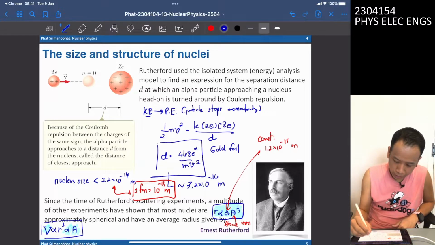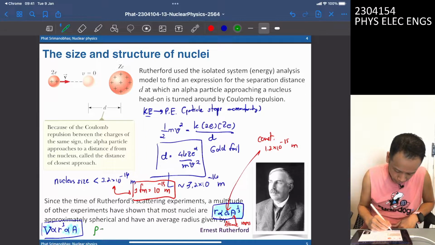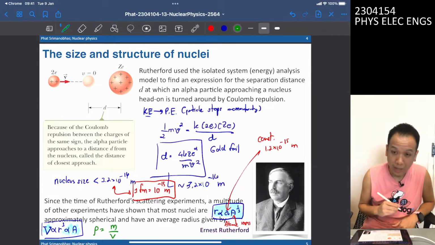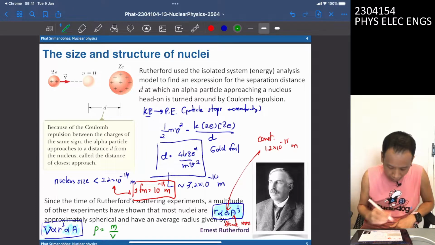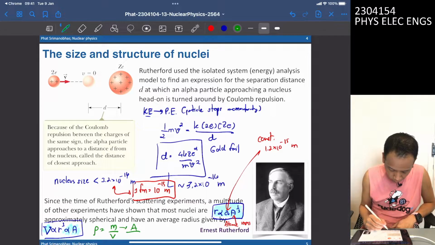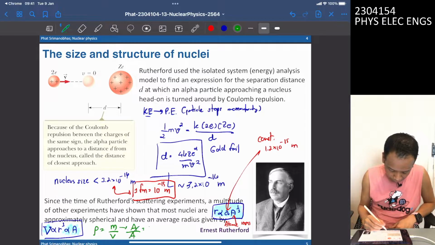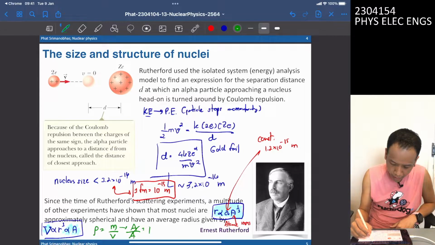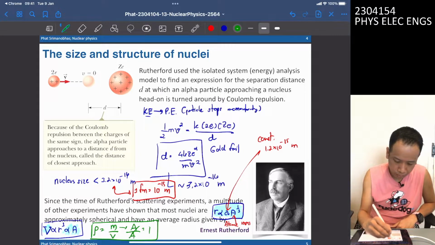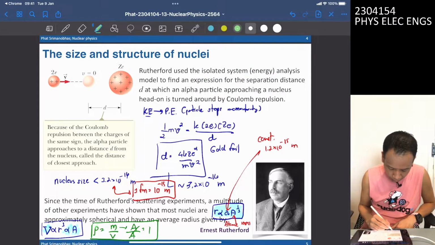After that, if we talk about the density, maybe I'll change the color to see it easily. Density is mass divided by volume. The mass is clearly the atomic mass, and the volume depends on the atomic mass, so the ratio is 1.